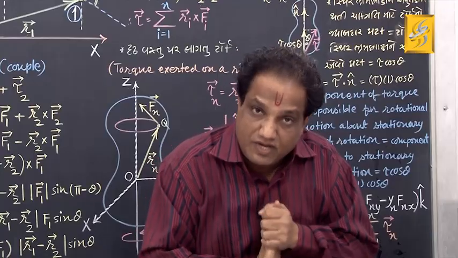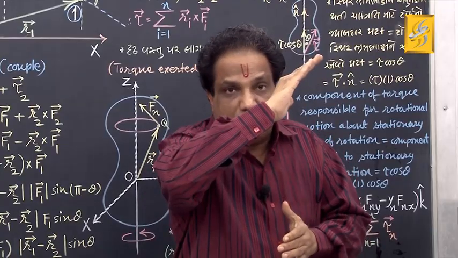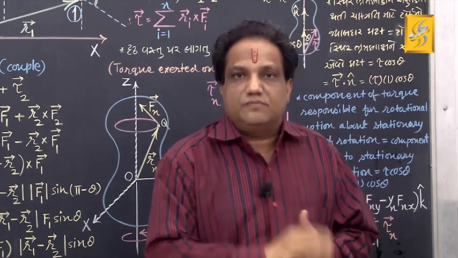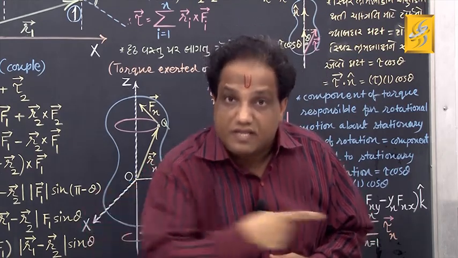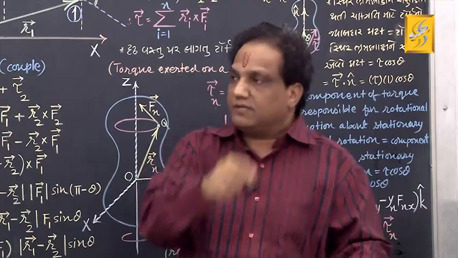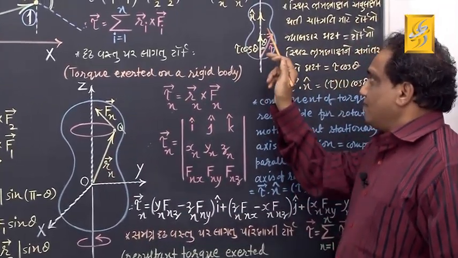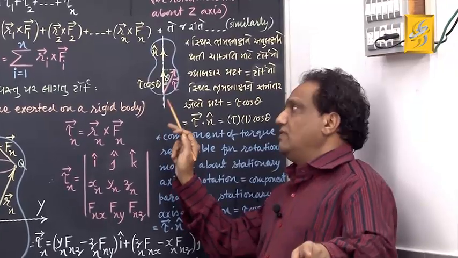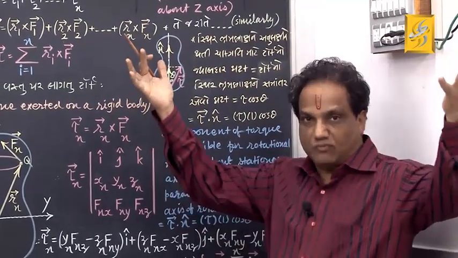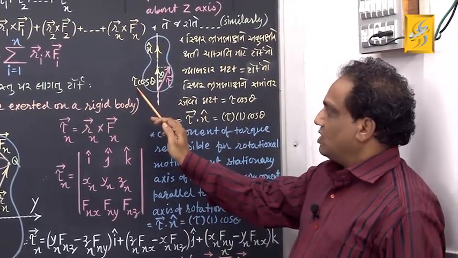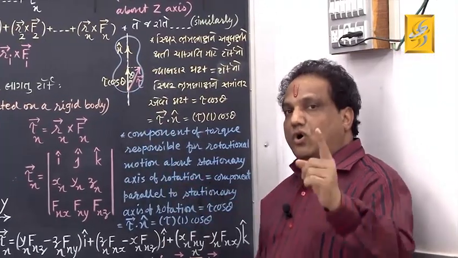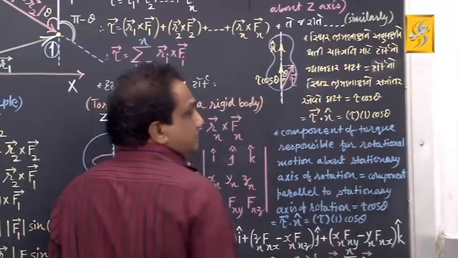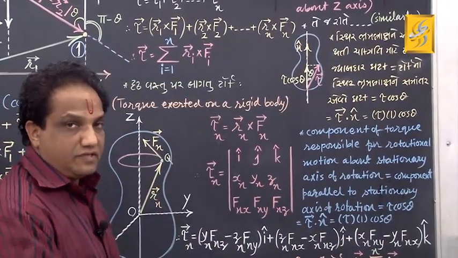So in case of linear motion, that component of force which is parallel to the linear axis becomes responsible for producing linear motion. Similarly here, that component of torque which is parallel to the axis of rotation becomes responsible for producing rotational motion, and that component is nothing but tau cos theta, or you may write it this way, vector tau dot n hat, vector tau dot n hat.